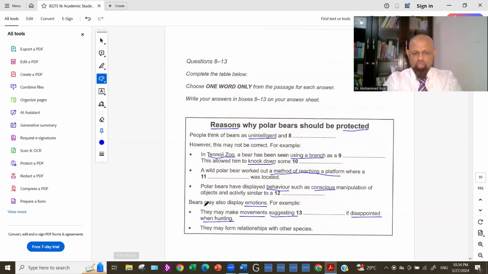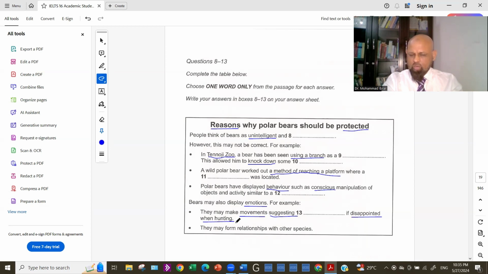Now another heading here, subheading rather, bears may also display emotions. You can also see bears' emotions. For example, they may make movements suggesting, so they can do some activity which hints at, which refers to, yeah, what? If disappointed when hunting.